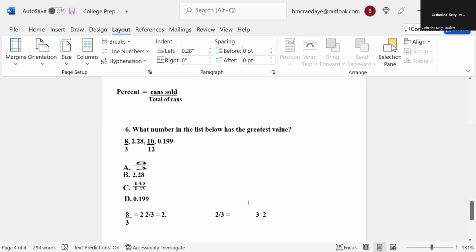So the decimal goes here, and then I have a decimal. 3 goes into 20 how many times? 6 times. 6 times 3 is 18. 18 from 20 is 2, and 3 goes into 20 again, 6. So 0.66.